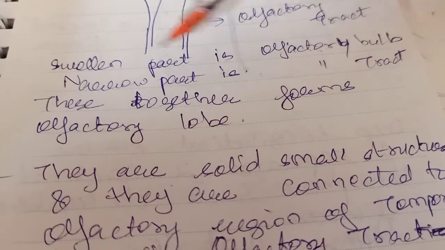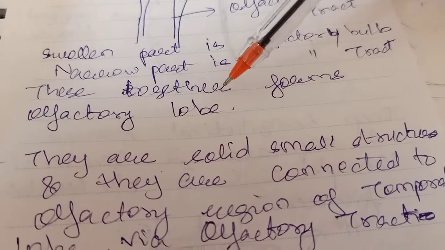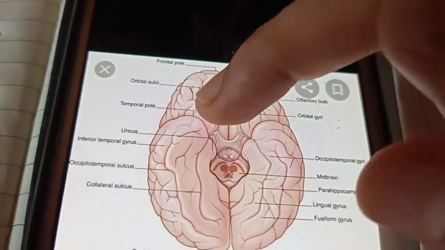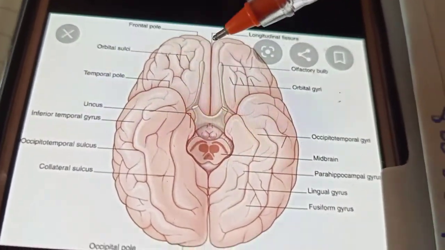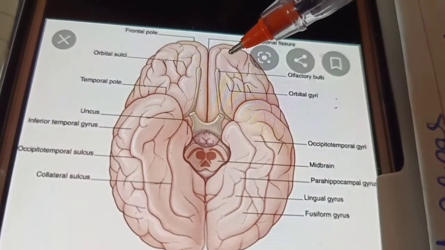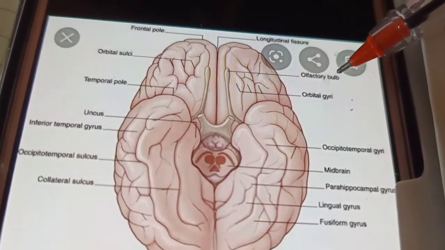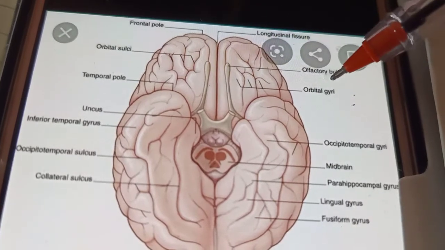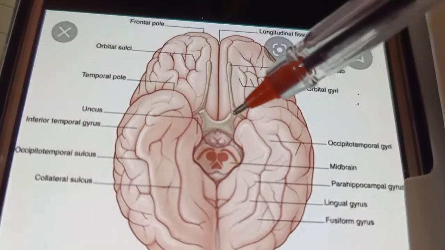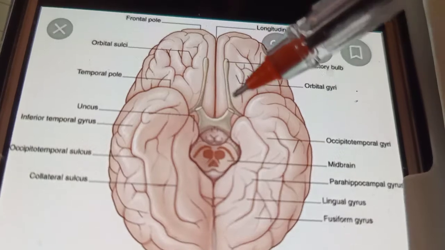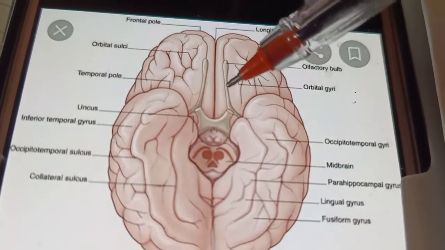Together they form the olfactory lobe, which lies on the inferior surface of the cerebral hemisphere.